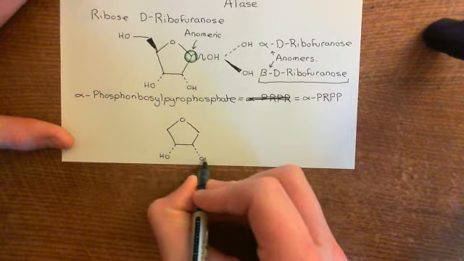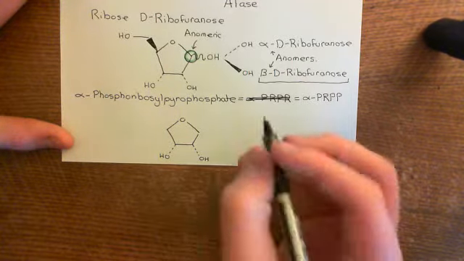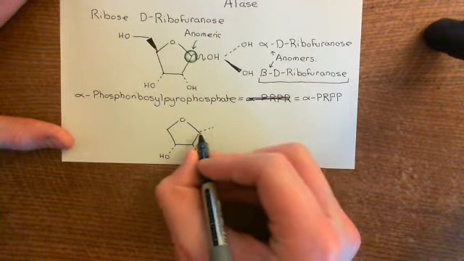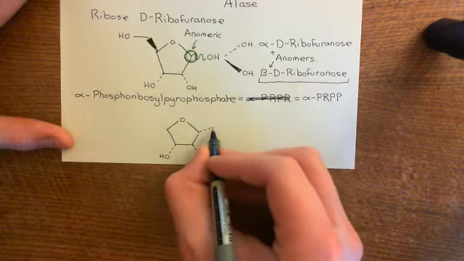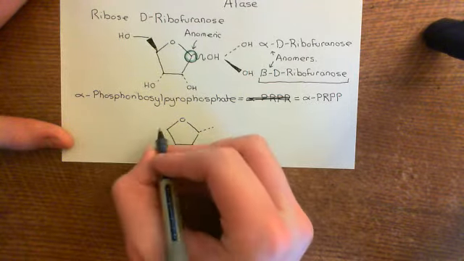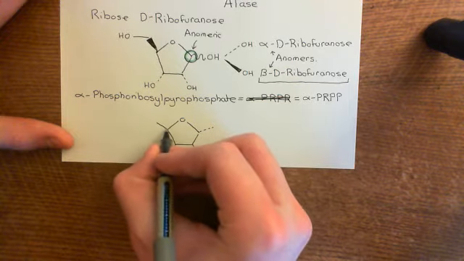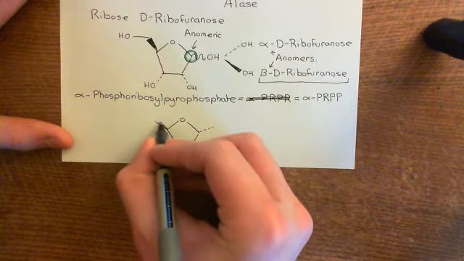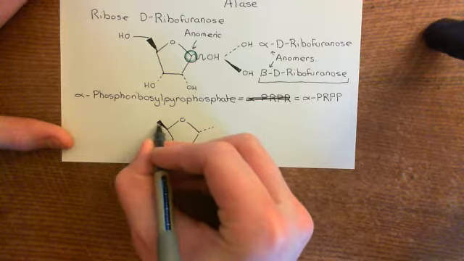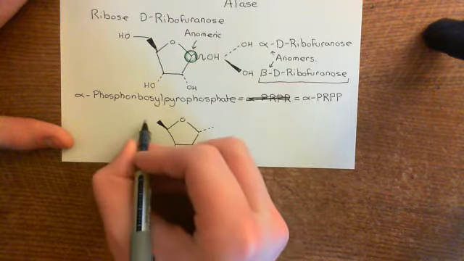If you change those, it's no longer ribose. Now we know that this is the alpha form, so it's going away from us, but we won't draw it yet because we're going to have to take account of these other things in here. And then the fifth carbon, of course, we assume we're talking about D-ribofuranose. So the fifth carbon is coming out of the page towards us.